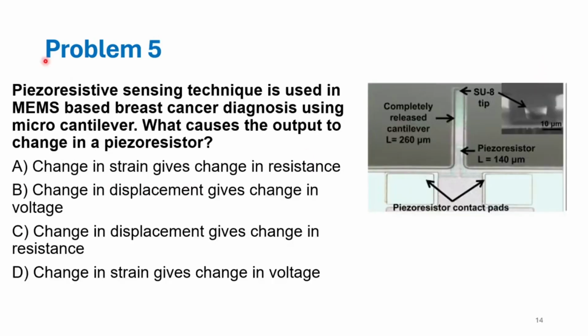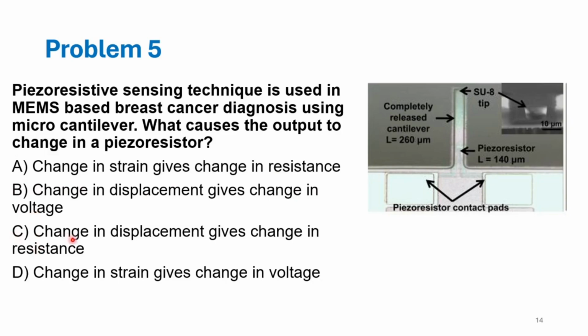Piezoresistive sensing technique is used in MEMS based breast cancer diagnosis using a microcantilever. What causes the output to change in a piezoresistor? Option A, change in strain gives change in resistance. Option B, change in displacement gives change in voltage.